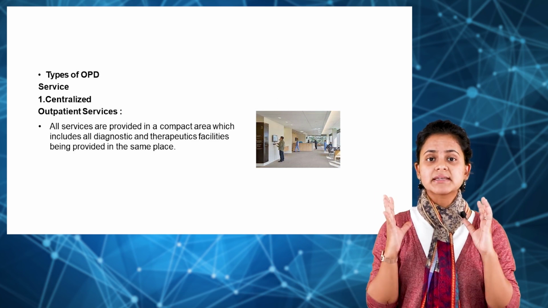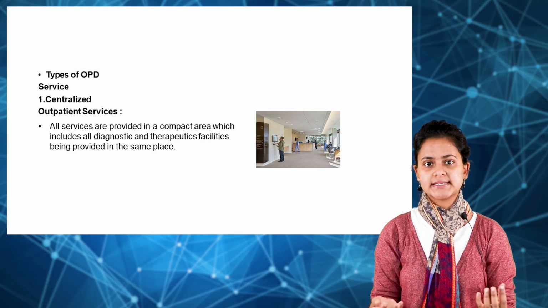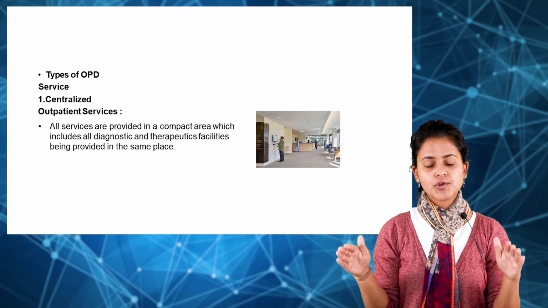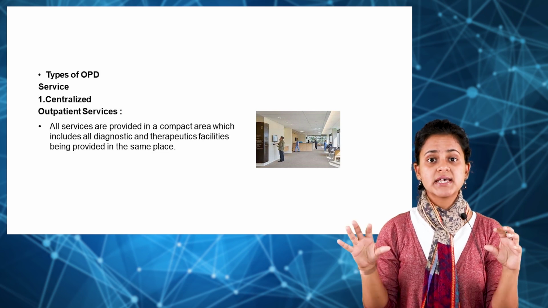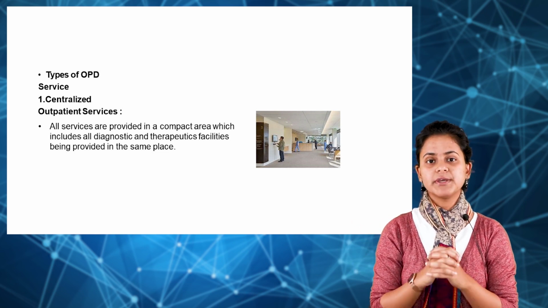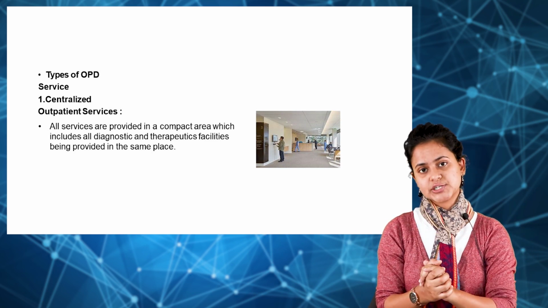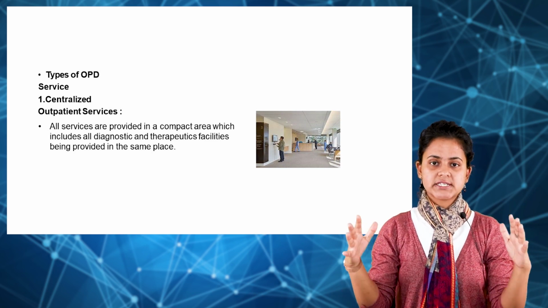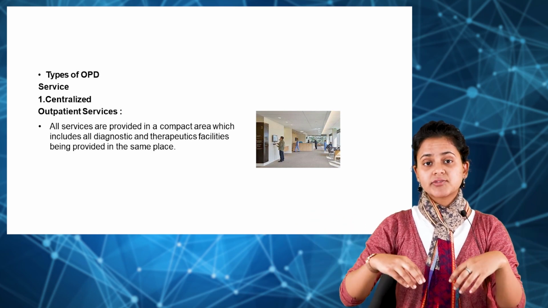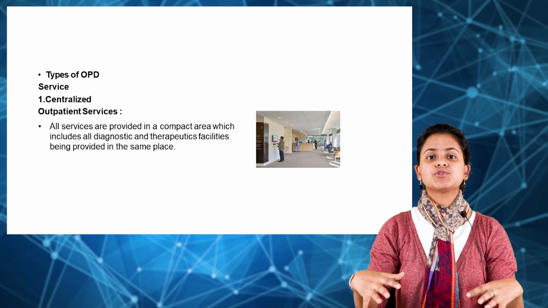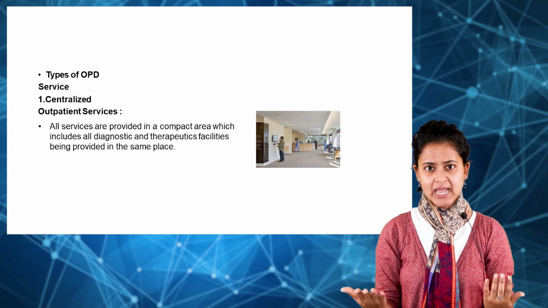So the first category here is named the centralized outpatient department. Here we are going to learn how the centralized outpatient services or departments work. Generally in a centralized outpatient department, all the services are provided in a compact area. Here, the diagnostic and therapeutic activities go on hand in hand.